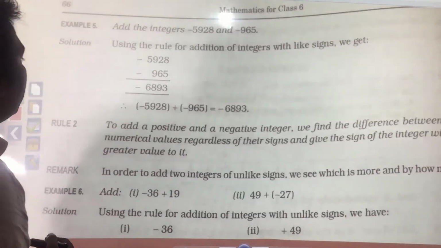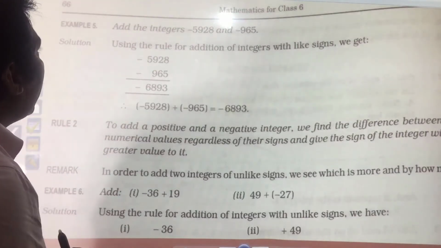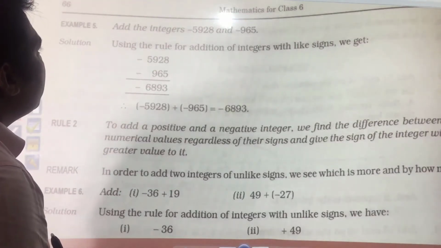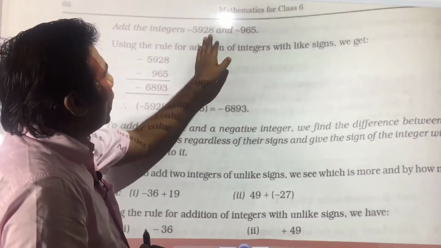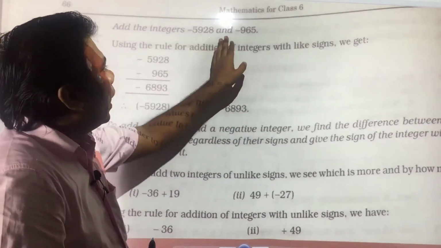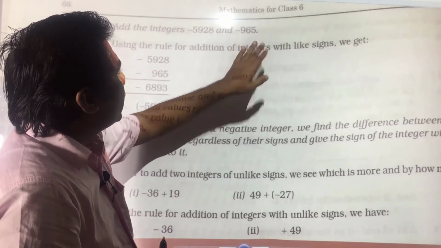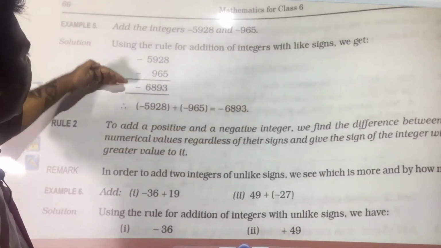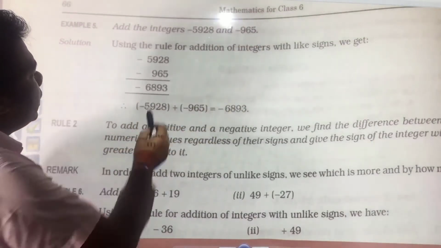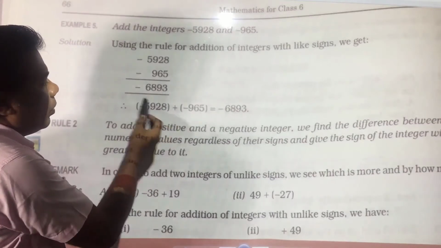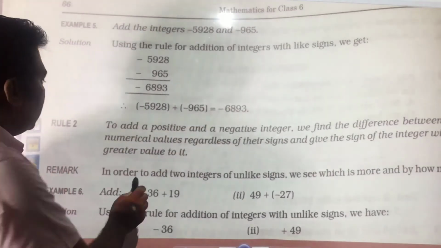Example 5 you see: add the integers minus 5928 and minus 965. If you are adding this, simply what is required to be done? Simply you add the number, sign will be negative, that is it.